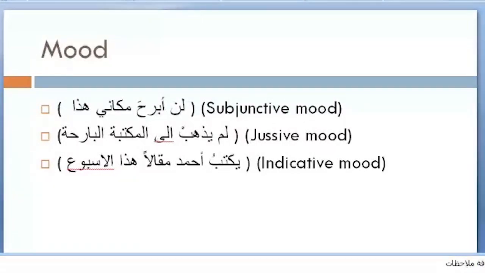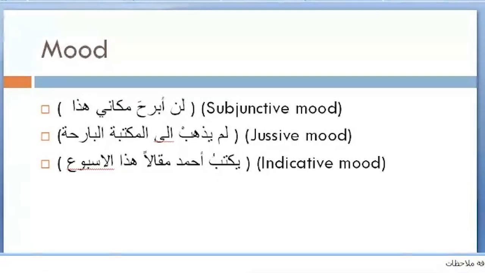But what is the difference? The difference is that in the jussive mood and the subjunctive mood, there are particles preceding the present verb, and these particles entail changes in the present verb. Changes on the level of tense, on the level of mood, and so on.